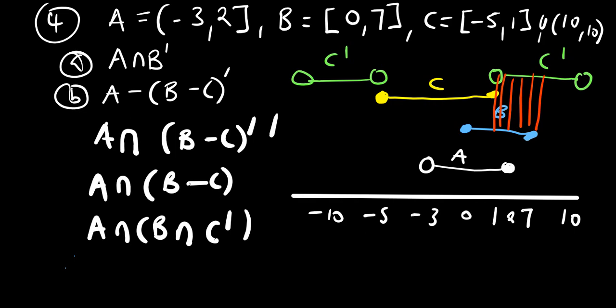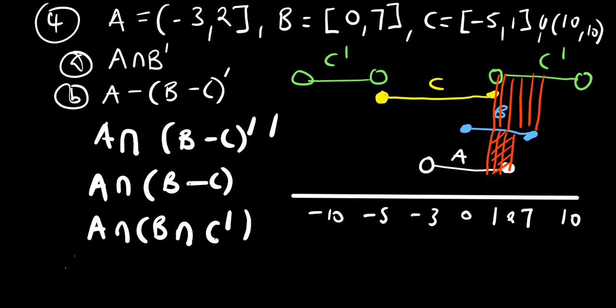Now that same part, we want to intersect it with A. Remember we found this part, which is the one that we shaded. Now we have to intersect that with A. So A is this region. If we intersect the two, this will be our solution.